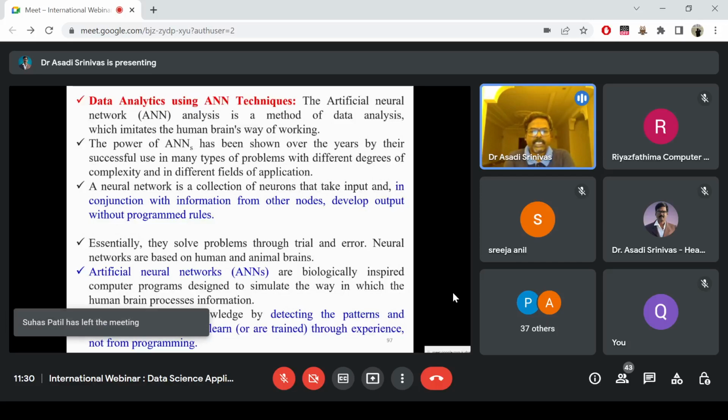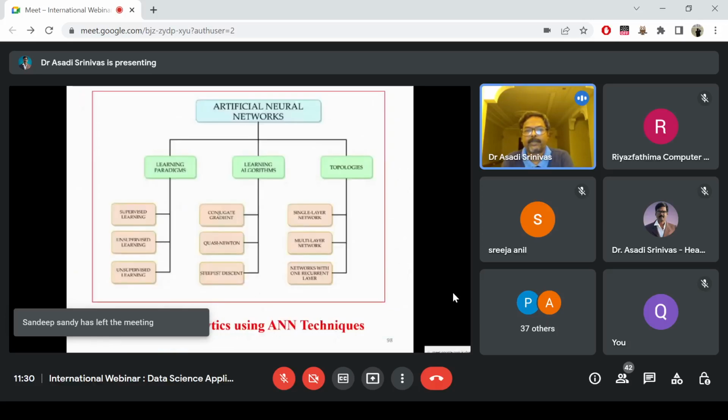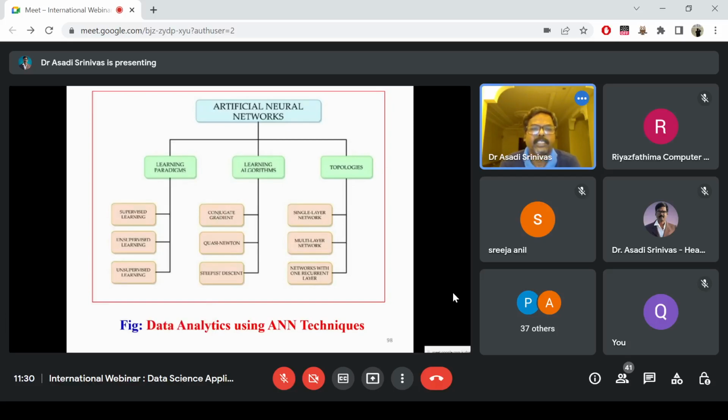So, by using ANN, we are gathering knowledge by detecting the patterns and relationships in data and learn through experience, not from the programming perspective. If we see data analytics using ANN techniques, artificial neural networks, learning paradigms, learning algorithms, topologies.